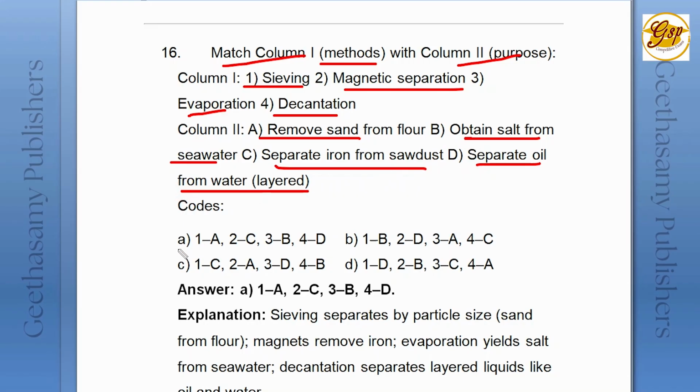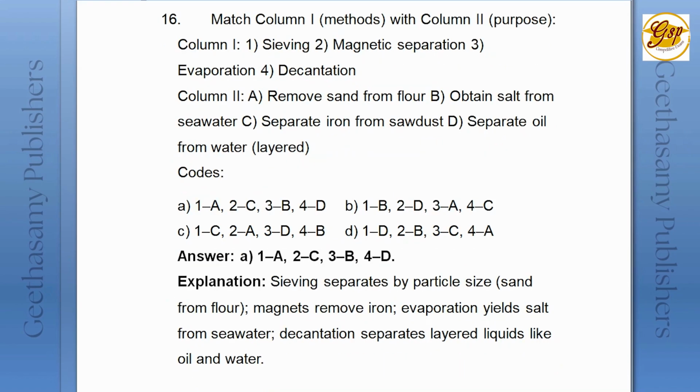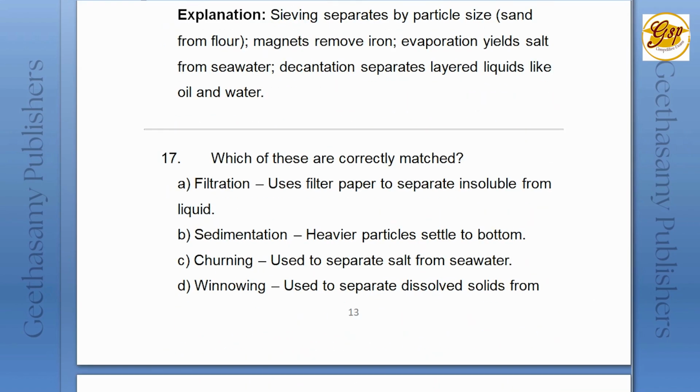So the correct answer is A. Sieving is to remove sand from flour, the second one is magnetic separation, to separate iron from sawdust, and the third is evaporation, to obtain salt from seawater, and decantation, to separate oil from water. Right?